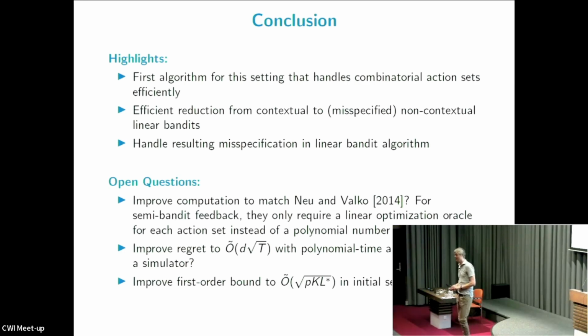Yeah, so I will still bother you with the computations. Just from the high level, you do a reduction from a contextual linear bandit, with a changing set of actions that are relatively simple, to a linear one with the same set of actions, but that is more complicated because it is really big.